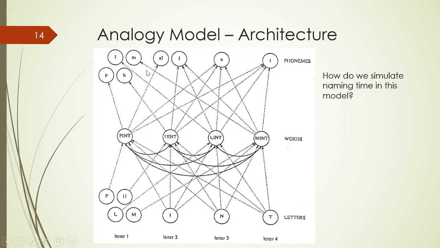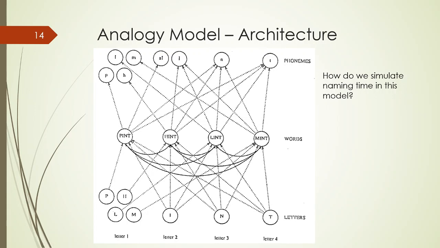Further, we're going to assume that the pronunciation response is initiated once one phoneme has been selected for production at each of the 4 positions. So once you have one phoneme activated beyond threshold at each of the 4 positions, we consider the naming latency period to be ended and the naming response to be begun.